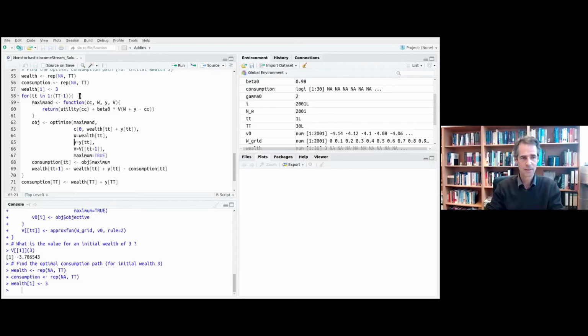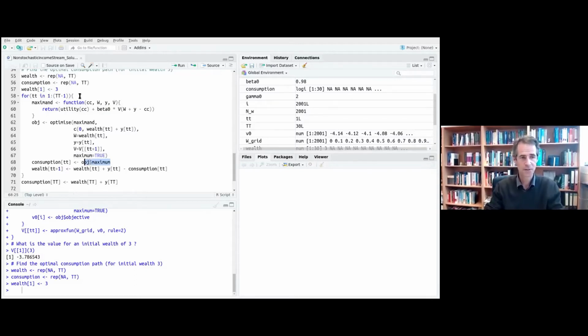This is exactly the same as before, but now we don't extract the objective value of the object, but we extract the maximum argument, or the maximum element, of this object. The maximum is the value where the objective function is maximized.